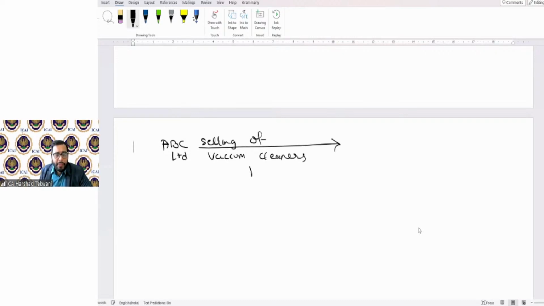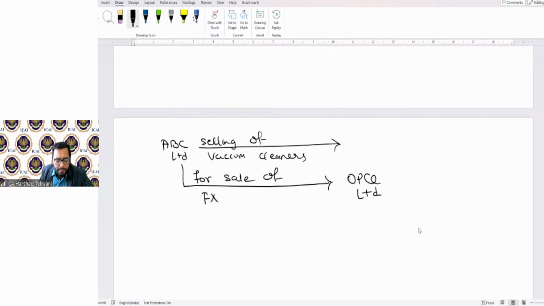Now, one of the transactions of ABC Limited with OPQ Limited was for the sale of a fixed asset, or you can say machinery.